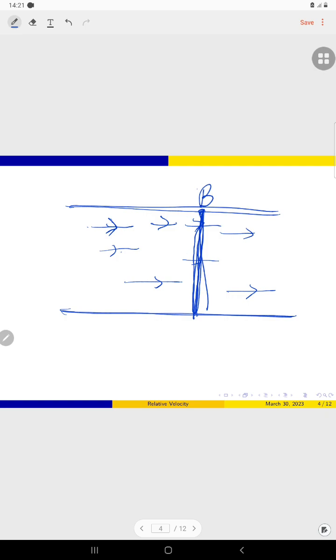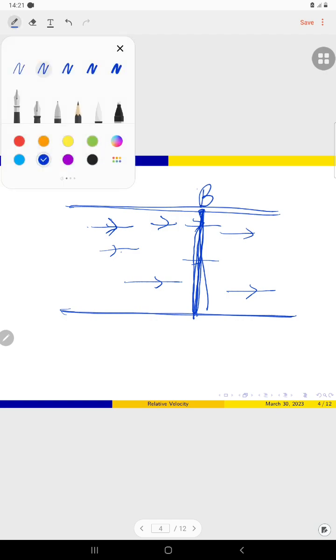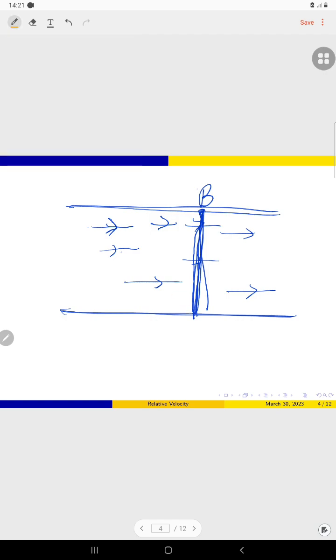So what will he do? Technically, he has to go in this direction, so that after some time, he can finally and safely arrive at point B. That is what we are going to look at in this lesson.